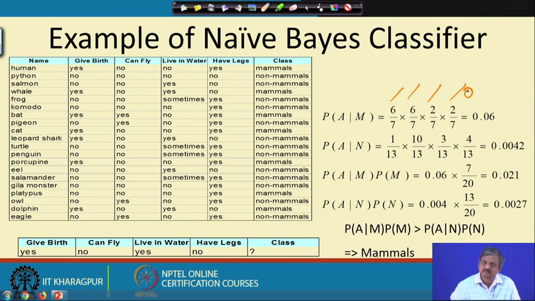So, it is a product. It may happen that one of the probabilities is small, but I want this small thing to be represented not by 0, but by a small epsilon value. So, that is the idea of smoothing.